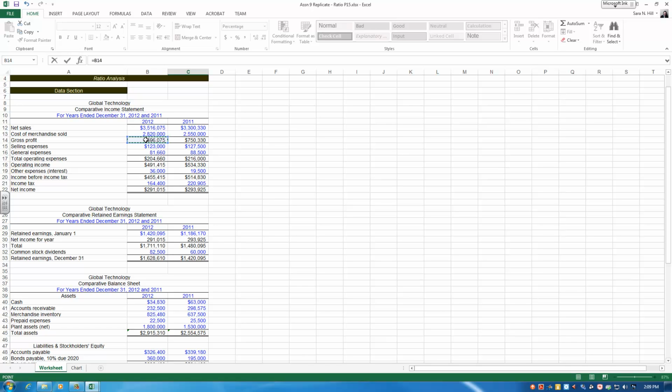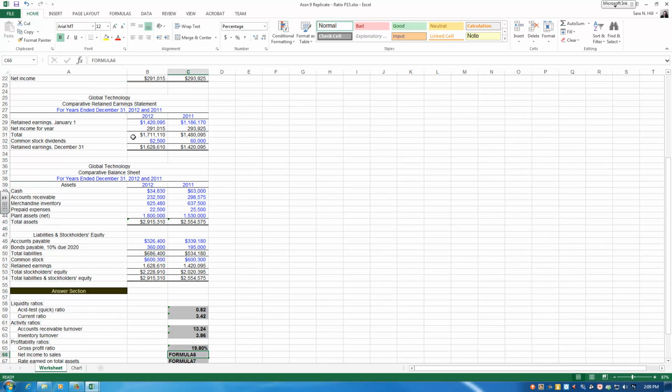So B14 divided by our total revenue, which we had also in our income statement, B12. And we got 19.8% for our gross profit ratio.